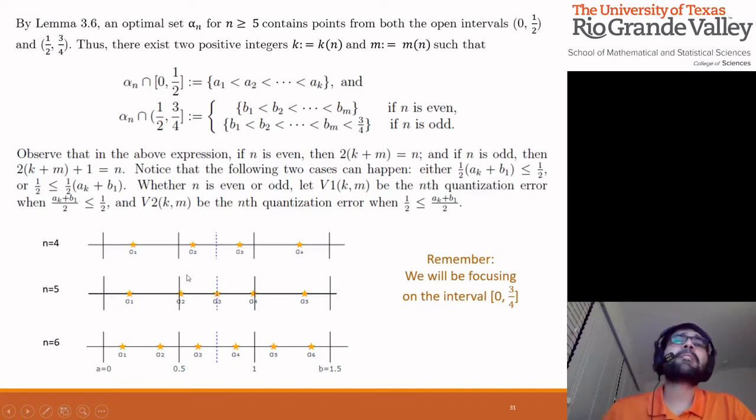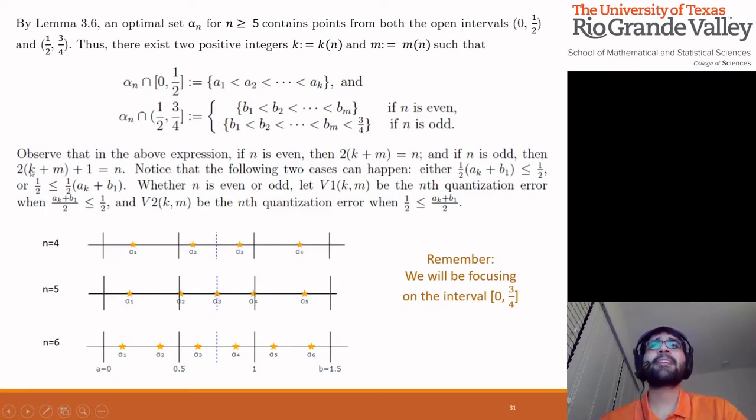Now, it's going to be very important, the boundary of the Voronoi region between AK and b1. That will be very important in our study. Observe that in the above expression, if n is even, then 2 times k plus 1 equals n. And if n is odd, then 2 times k plus m plus 1 equals n.